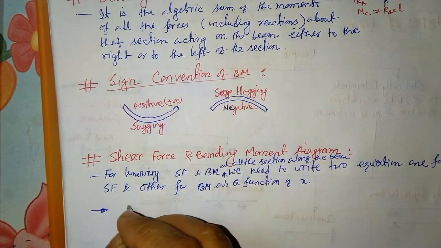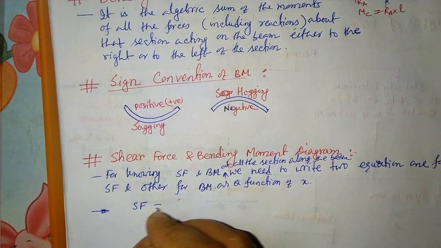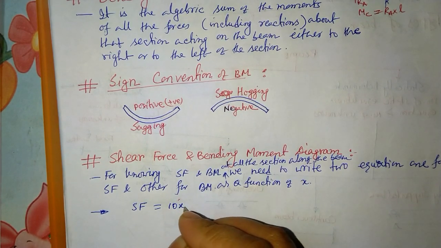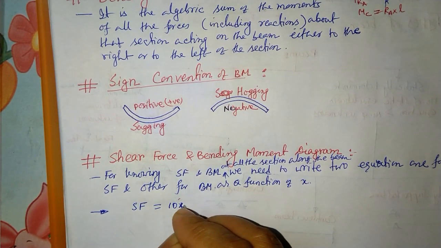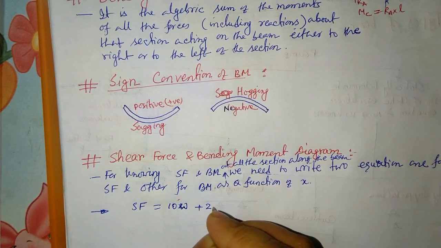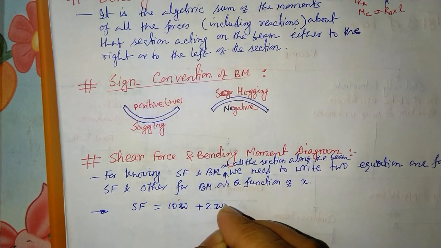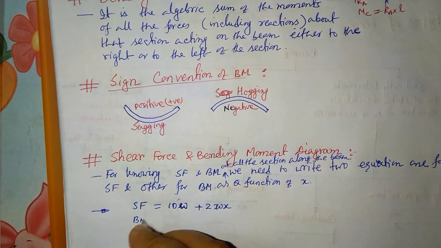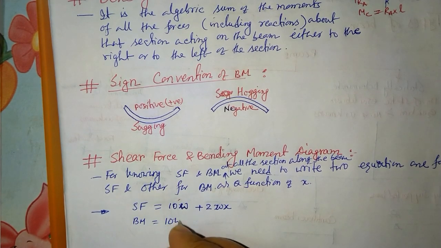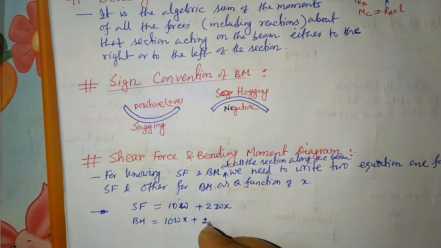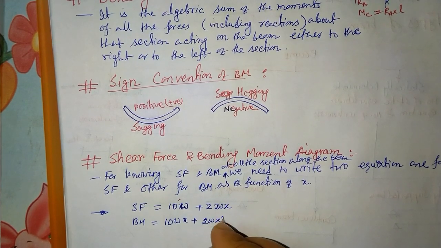Suppose the shear force equation is 10w plus 2wx, for example, and the bending moment is 10wx plus 2w into x square.